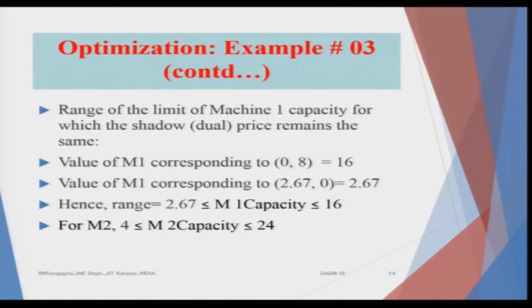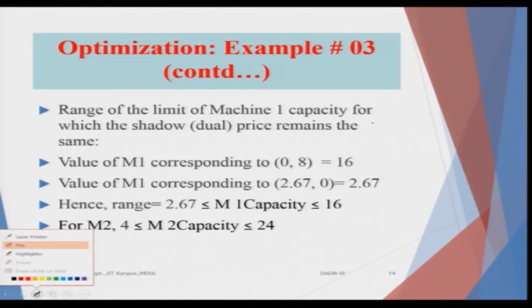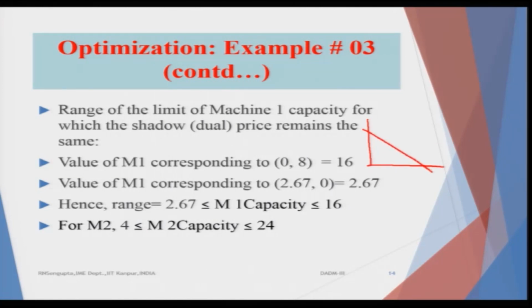Now, when we take the value of x2 as 0 and x1 as a non-zero value, that means, if I consider the x axis and y axis, I am considering this as constraint 1. So, these are the two values.